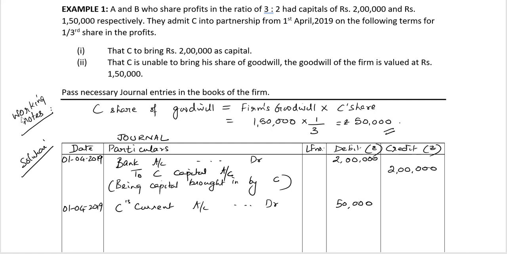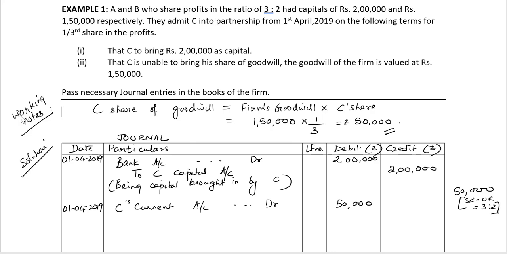And we need to distribute or adjust this goodwill amount against the sacrificing partners in their sacrificing ratio. The sacrificing partners are A and B, and the sacrificing ratio, since there is nothing else specified, is equal to the old ratio. So SR is equal to OR, which is equal to 3:2.